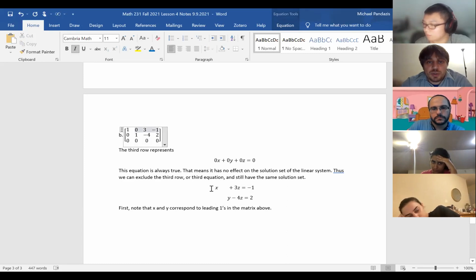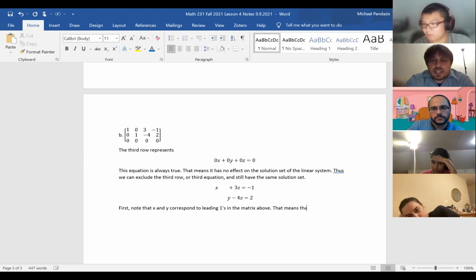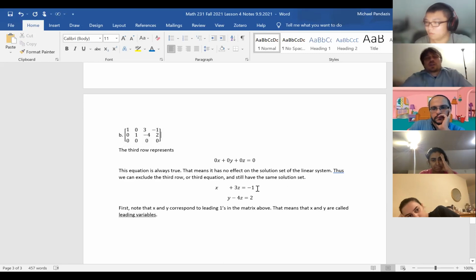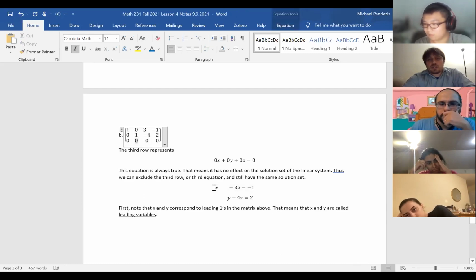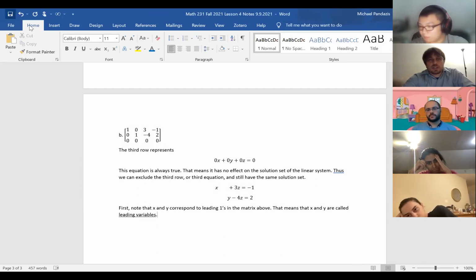So these two leading ones correspond to x and y. That means x and y are called leading variables. Just like you have leading ones in your matrices, you have leading variables in your linear systems. Leading ones in the matrices correspond with leading variables in your linear system.